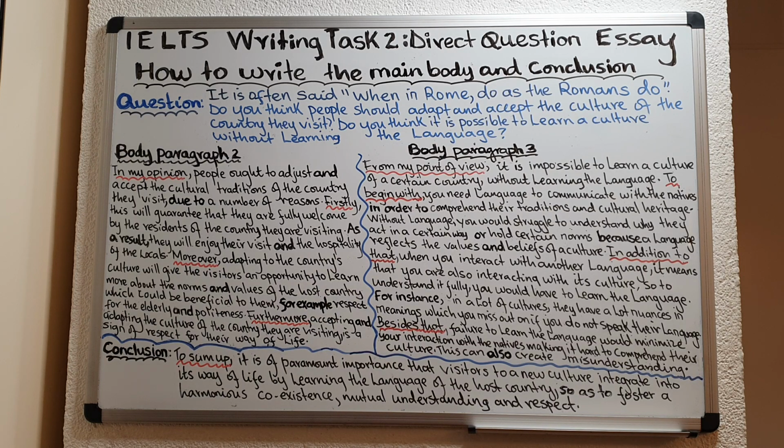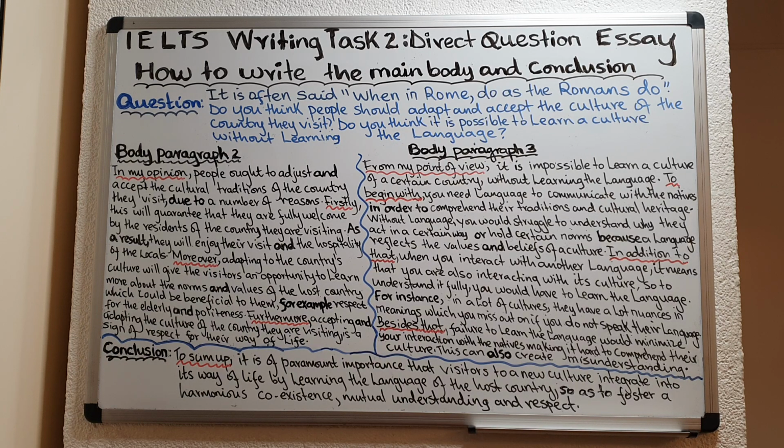Okay, so that is my topic sentence. A topic sentence is the first sentence of the paragraph, and it tells you what the rest of the paragraph is going to be talking about. The topic sentence also introduces your opinion. In my opinion, so I'm answering the first question directly. The question asked me, do you think people should adapt and accept the culture of the country they visit?